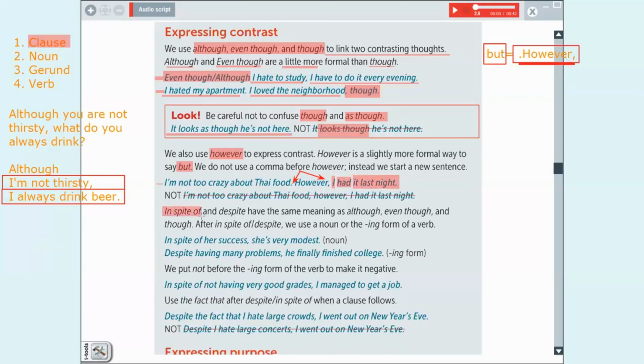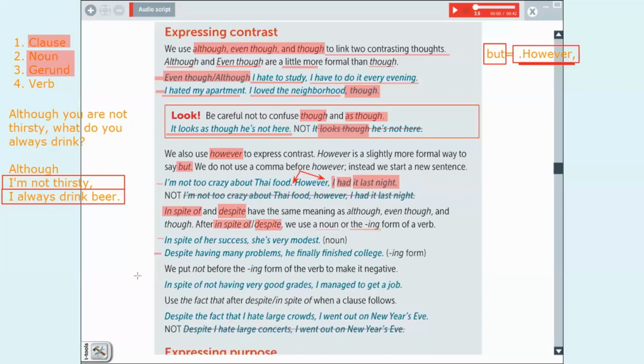But in spite of and despite have the same meaning as although, even though, and though. But what is the difference now? In spite of, or if you want to use despite, you need to use a noun or the ing form of a verb. So we're covering now number 2 and number 3. Help me with these examples, please.